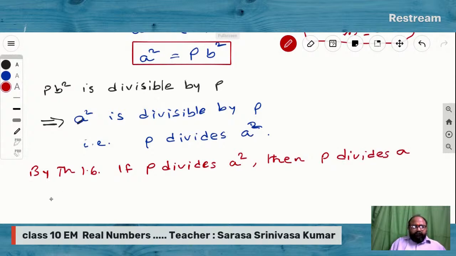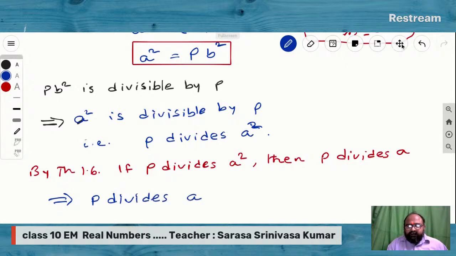So therefore, it implies that p divides a.